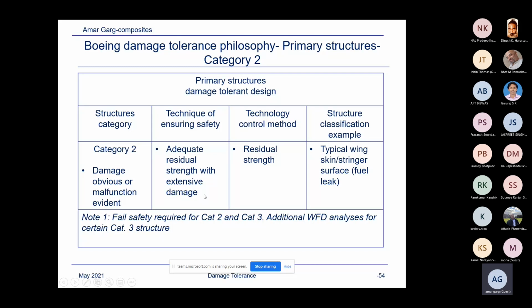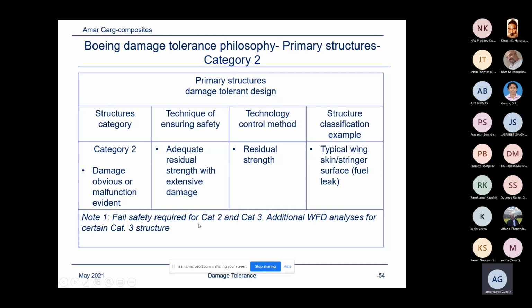So when we are considering large damages, you have to design with that large damage for the residual strength requirement of the regulatory requirement. That is the technology control method, residual strength, basically for that damage. Typical structures are like a typical wing skin stringer surface, fuel leak. A fuel leak is basically obvious damage, because if a fuel leak is occurring, that means there must be damage, and then it should be repaired.